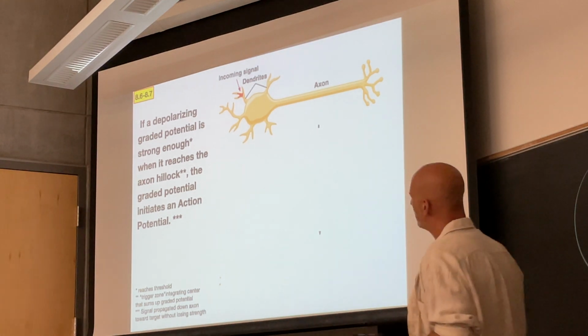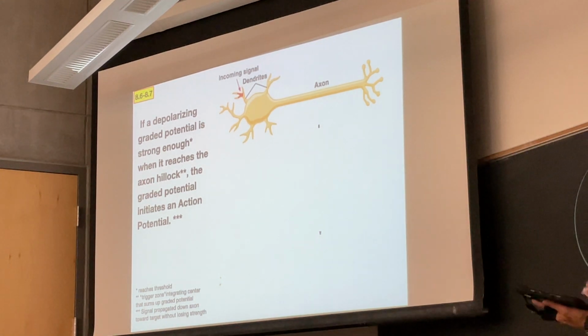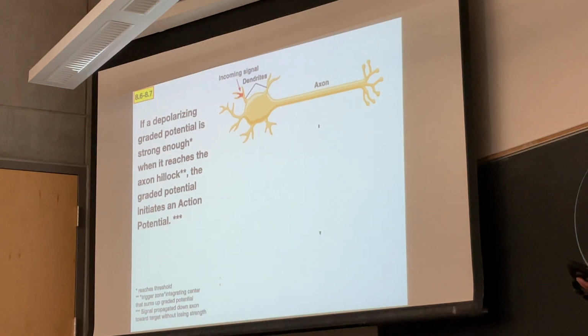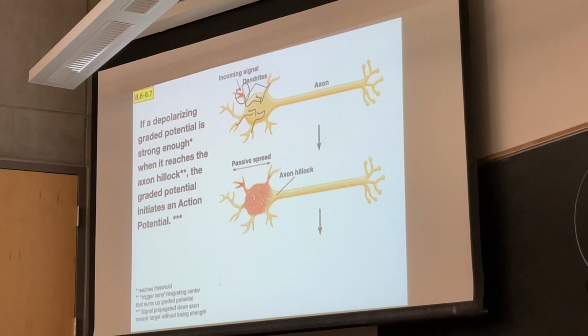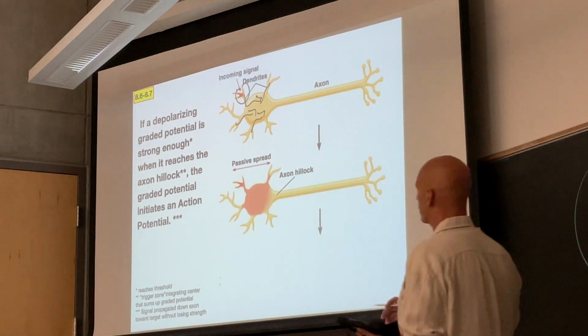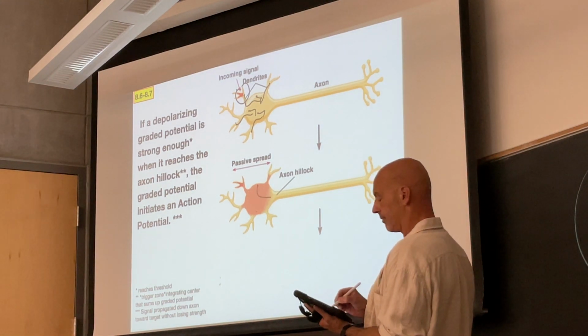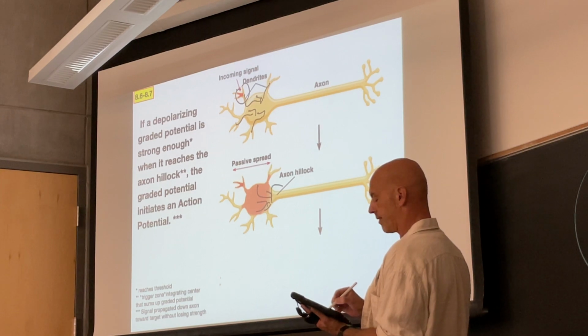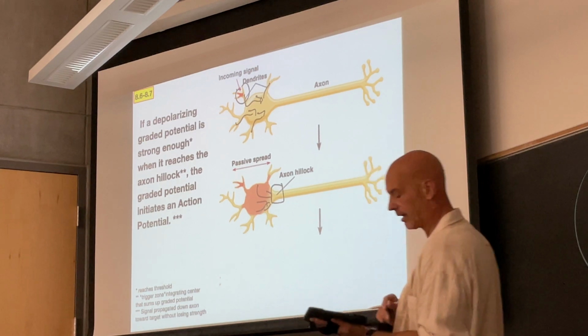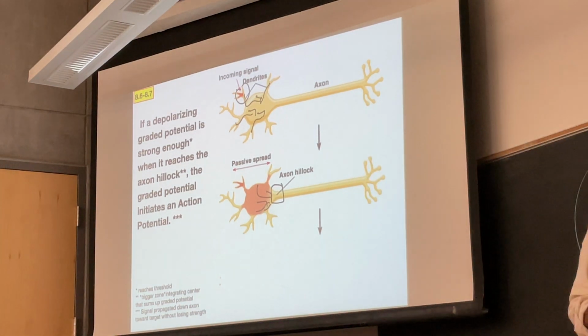So, a depolarizing graded potential. Again, we want to start off with an incoming signal, which could be anything. It doesn't really matter. There's a signal that's going to spread throughout the cell. It's going to die off or it doesn't, but if it's strong enough, this passive spread is going to move toward the crucial axon hillock, which is the trigger zone.